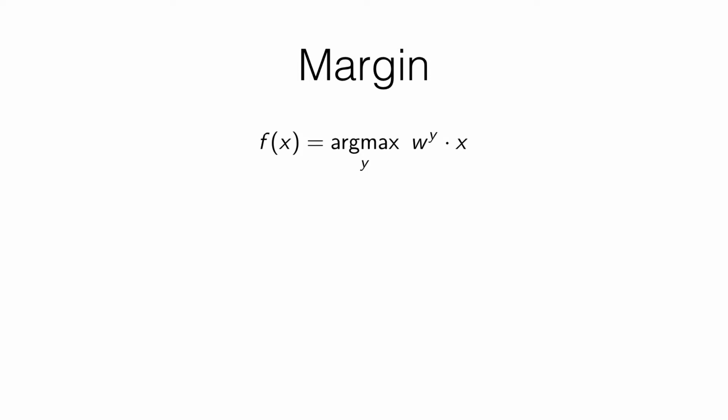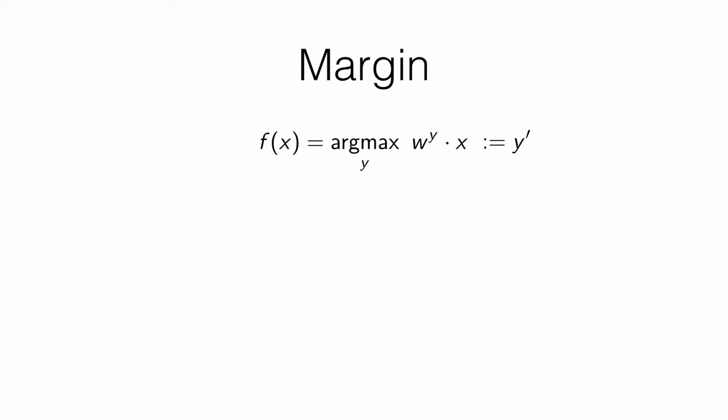Again, remember that the classification procedure for this multi-class classifier is that f of x is going to output the class that scores the highest, or whose weight vector gives you the highest score, right? So the argmax. And for some notational convenience, we'll name this y prime. We're going to say that y prime is f of x, the output, just so we save a few characters.